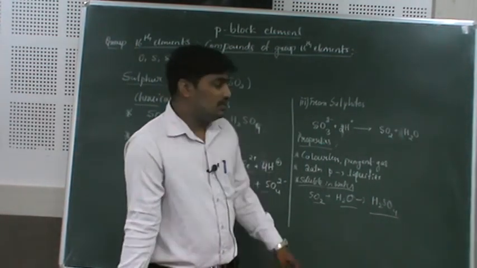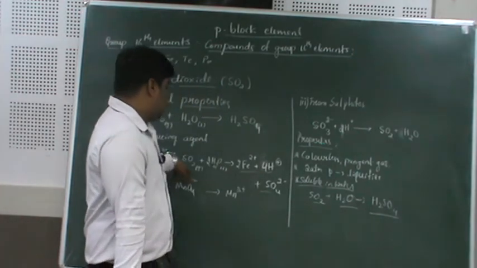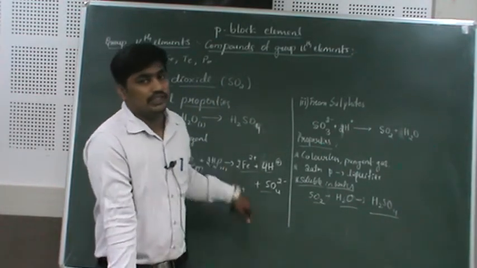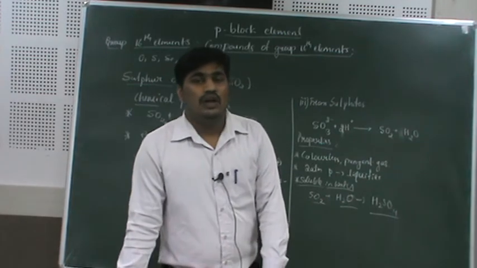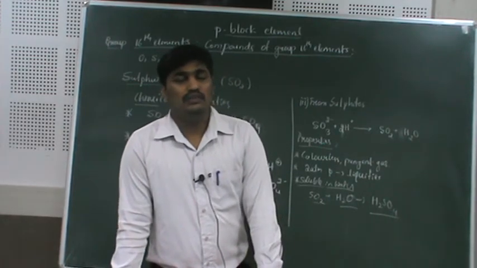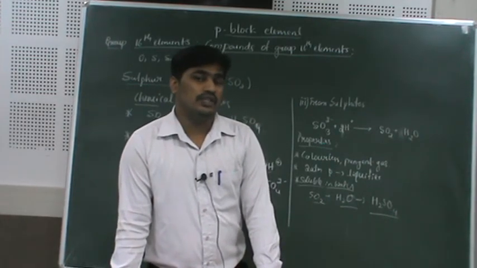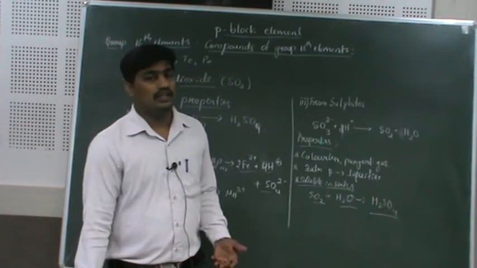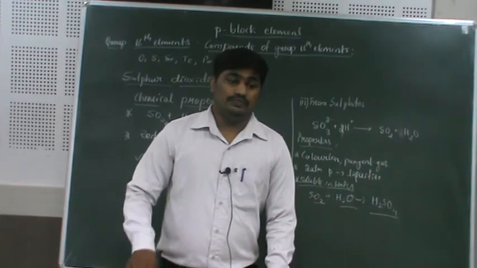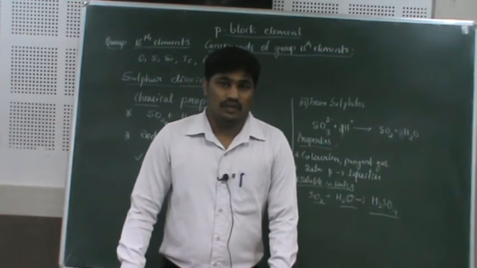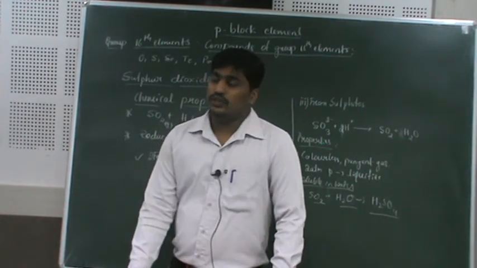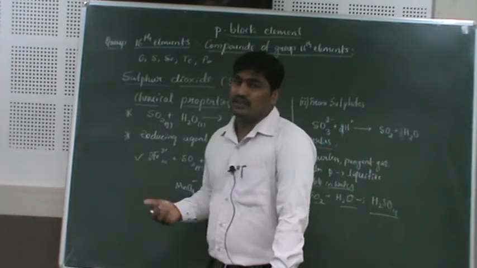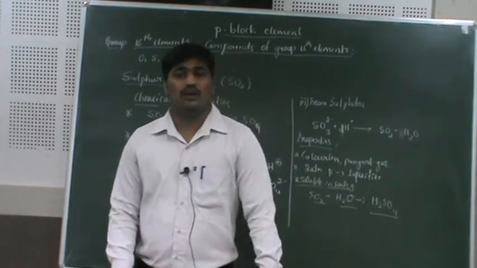Okay, so these are very important chemical equations from your exam point of view under sulfur dioxide. Then what are the uses of sulfur dioxide? Sulfur dioxide is used for bleaching purposes and in petroleum refining, and it is also a good reducing agent. For reducing purposes we use sulfur dioxide.